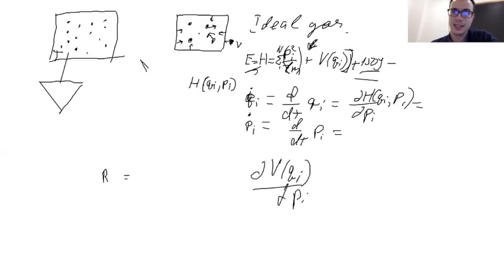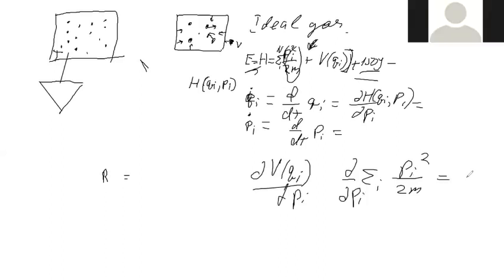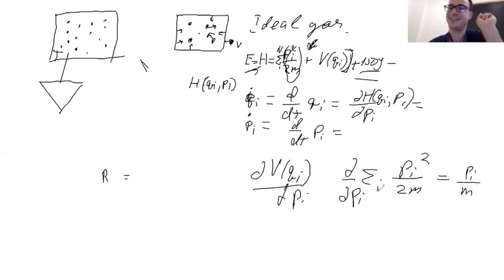Then I take the kinetic energy term, the sum over i of pi squared over 2m, and differentiate it with respect to pi. What do I get? 2pi over 2m, pi over m. Summation.